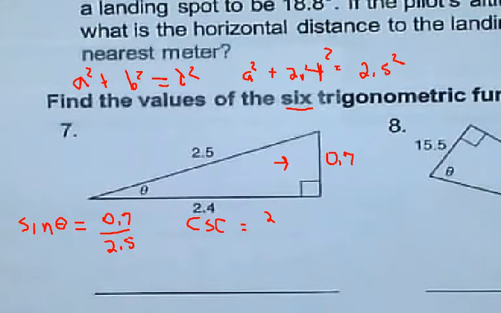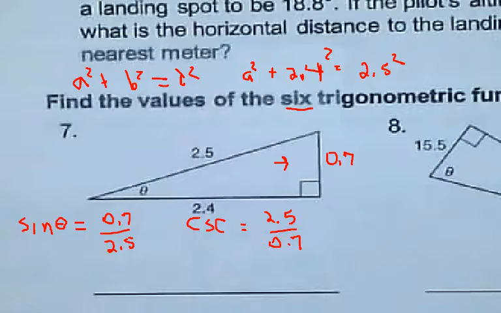So cosecant is 2.5 divided by 0.7. Now you can see that they changed it. You can change it to decimals if that's the way the answers are in your test, then you want to do that. But I like to leave it fractions for a while anyway.